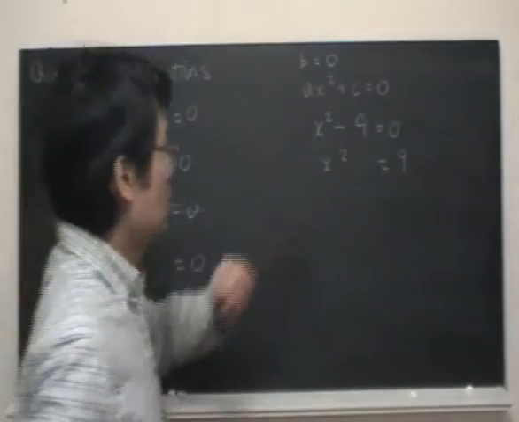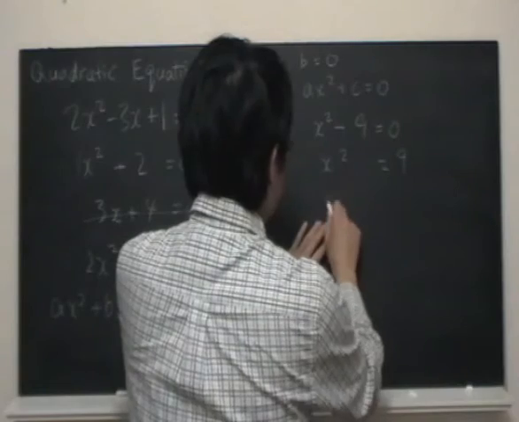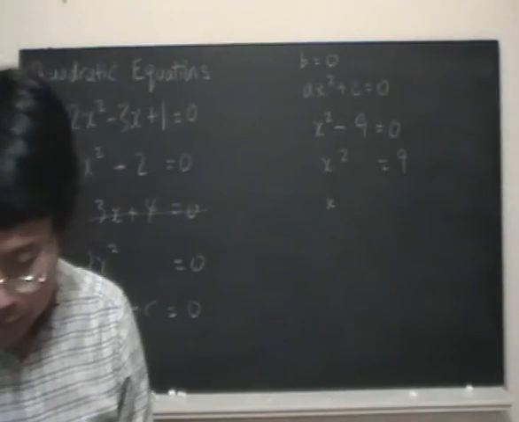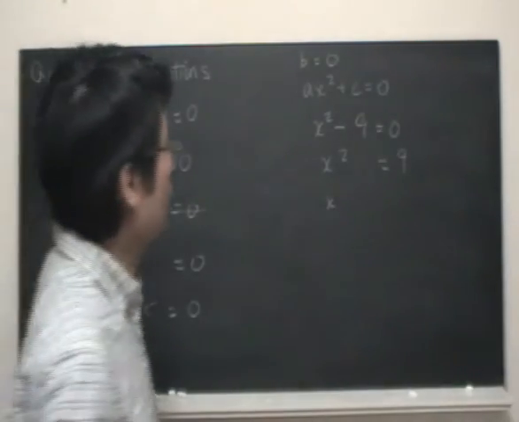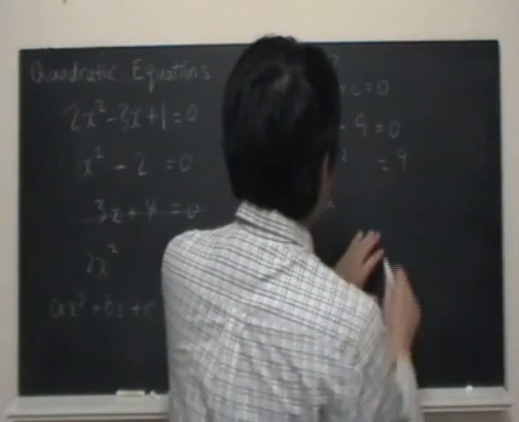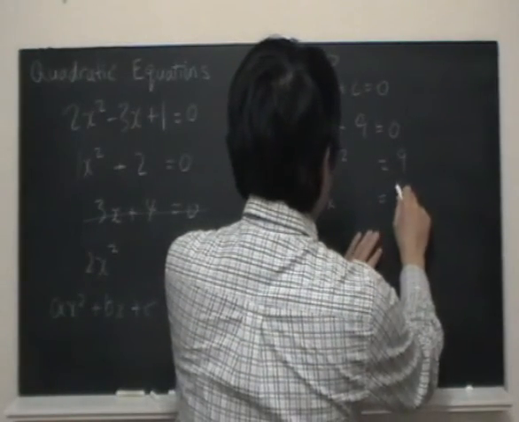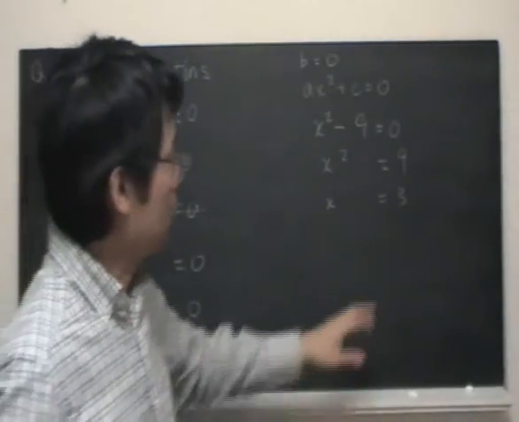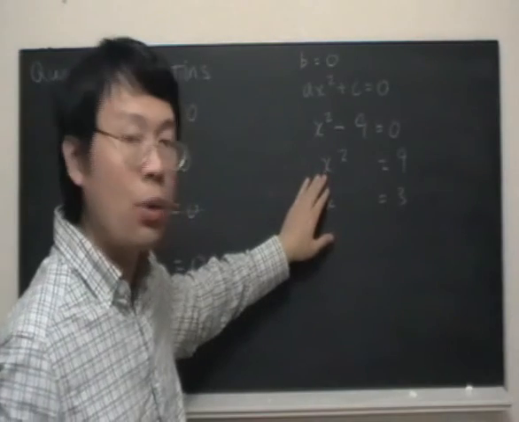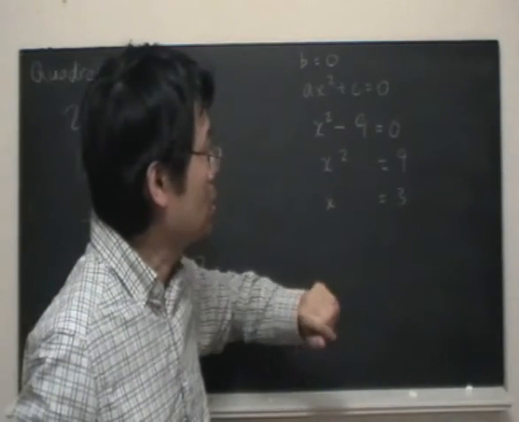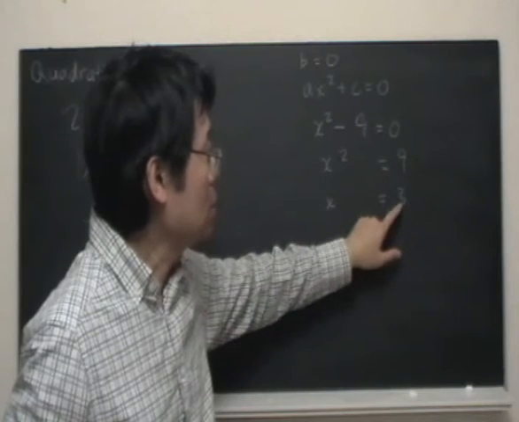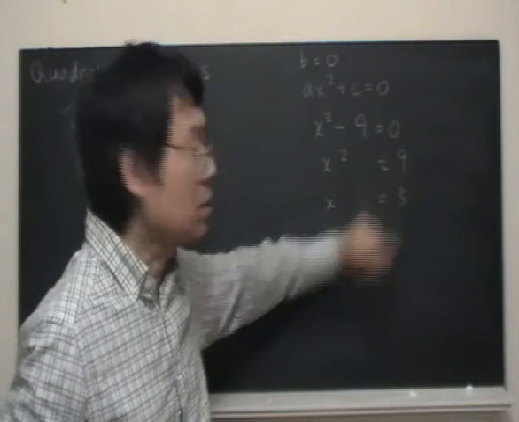Now, to find x, it can be 3, because we know that 3 squared is 9, or we say because 3 is the square root of 9, right?